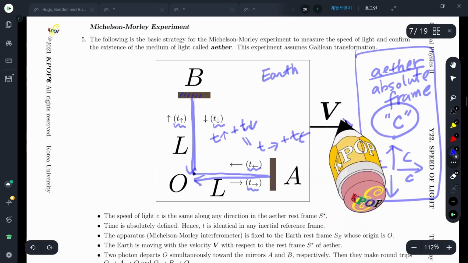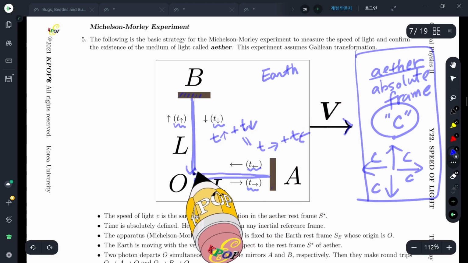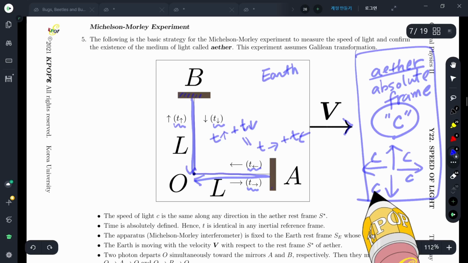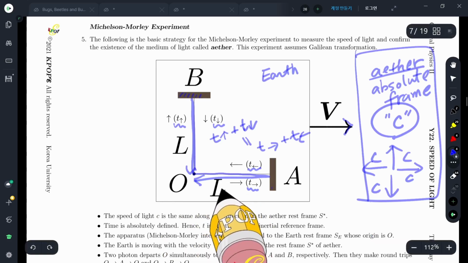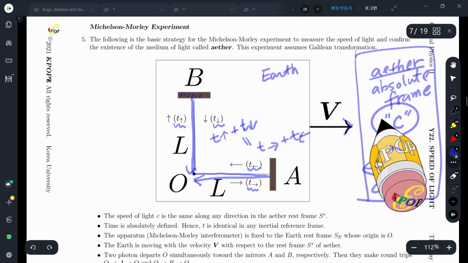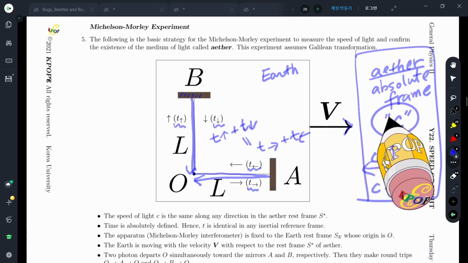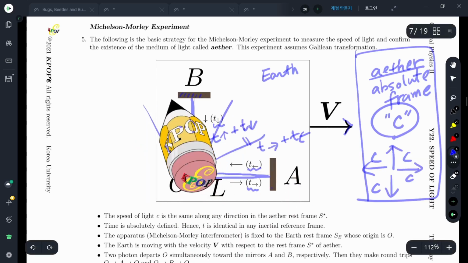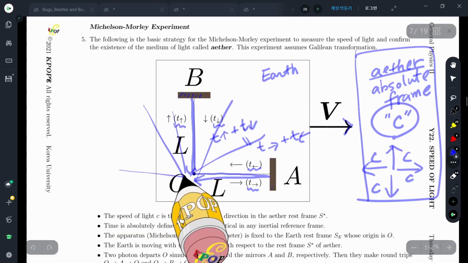However, because Earth is moving, the speed may be different. For simplicity, we assume that the relative velocity of the Earth is along the horizontal direction. Because we do not know where the ether's rest frame is, we can rotate the direction in various ways and repeat the same experiment. What Michelson and Morley really carried out is that they changed all of the directions.